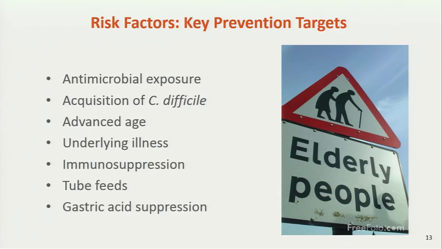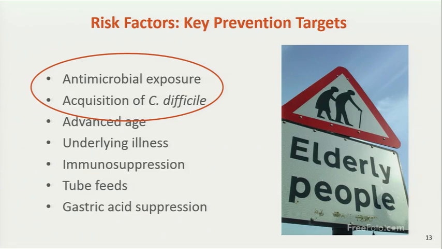Immunosuppression, tube feeds, there's some debate on that in the literature, and then gastric acid suppression. What we can control in our facilities is antimicrobial exposure and acquisition of C. difficile, which is what we hope will come out of effective surveillance within the long-term care facilities.